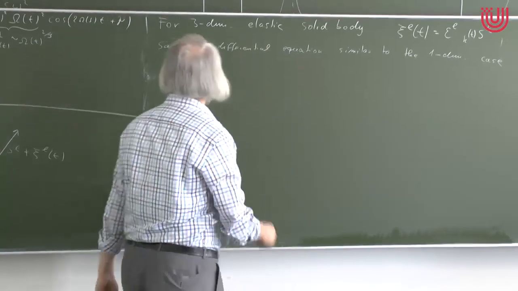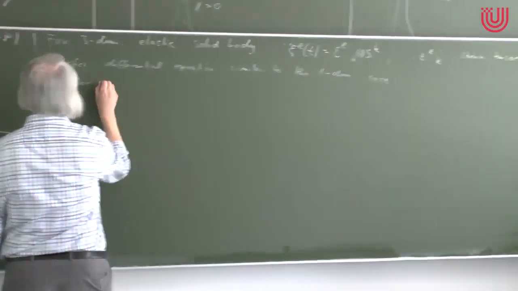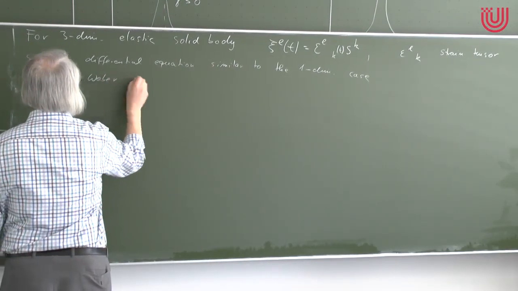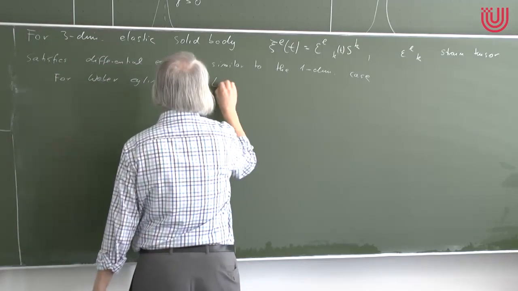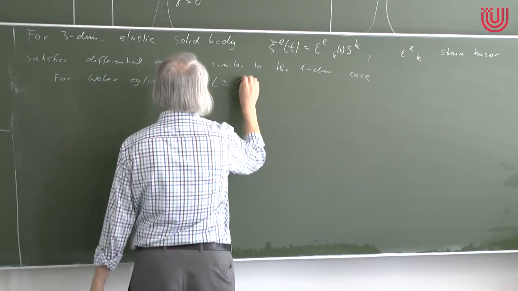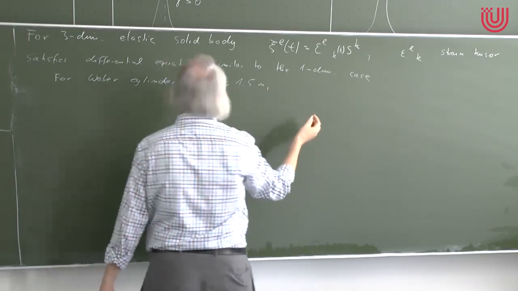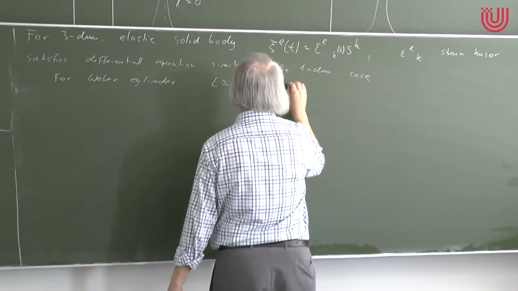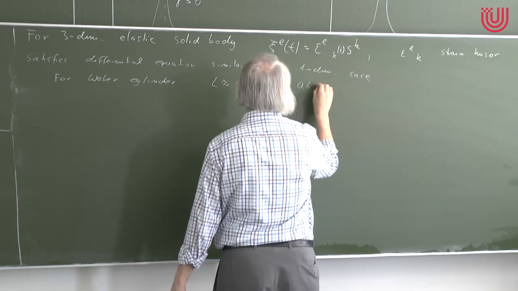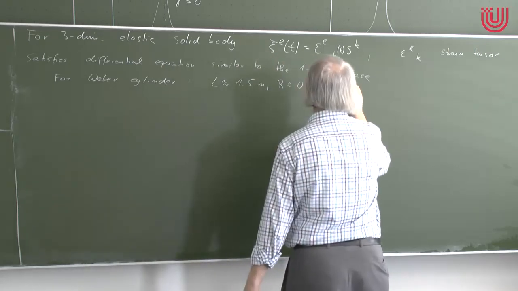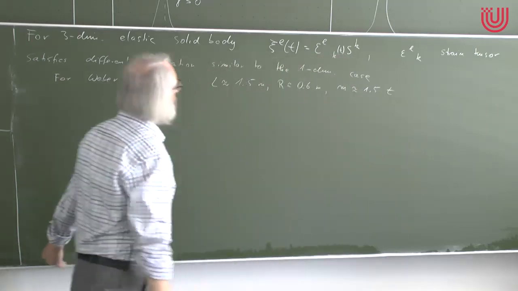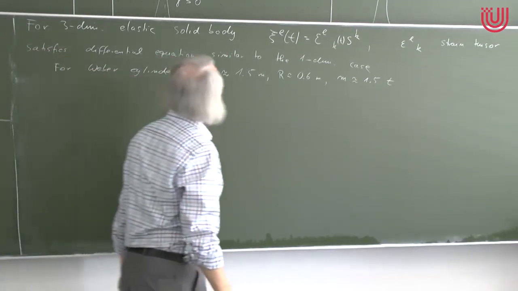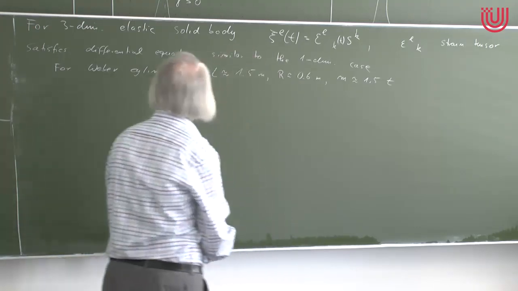So the length is approximately 1.5 meters, the radius is approximately 0.6 meter, and the mass is approximately 1.5 tons. I'll show you pictures in a minute of such a cylinder.